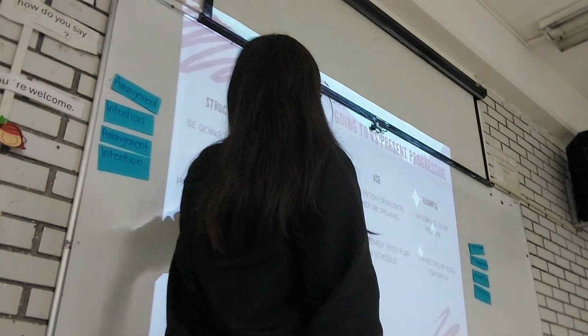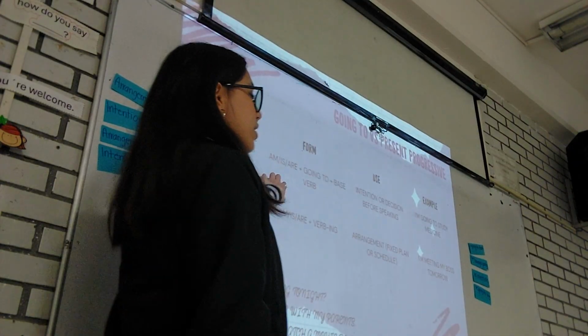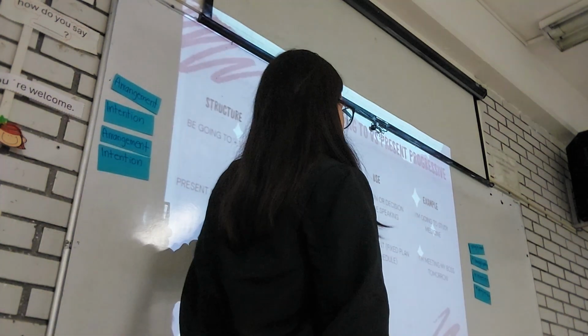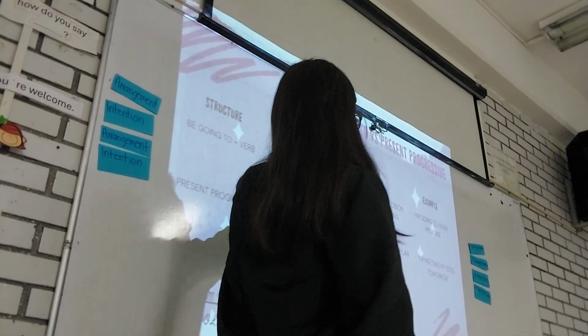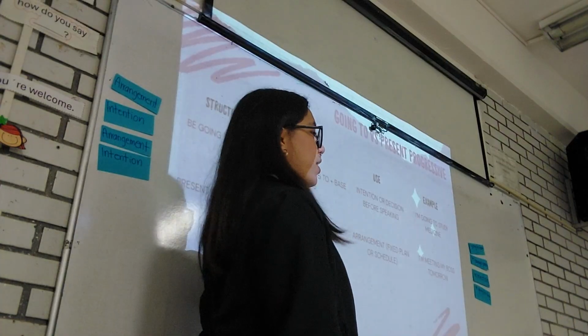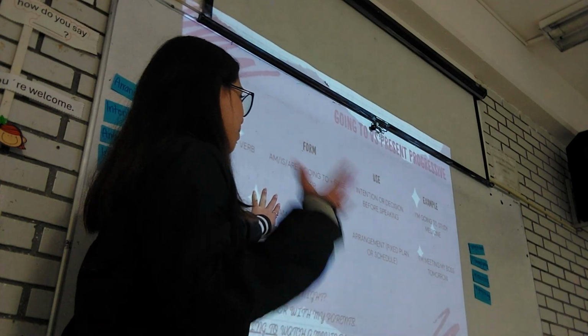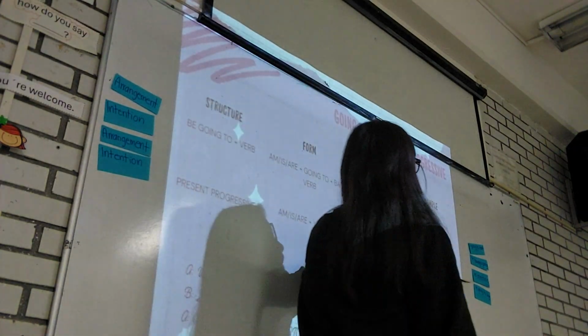So the structure comes in the form of am, is, are, depending on the pronouns, okay? And plus going to plus base verb. And then we have an example of how this is going to look. So we have the use.